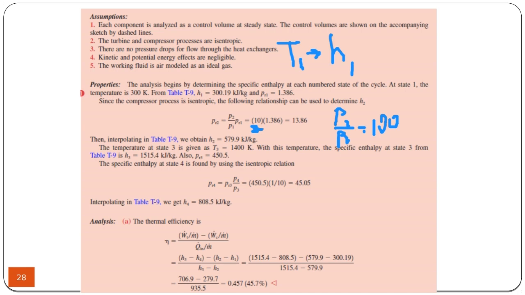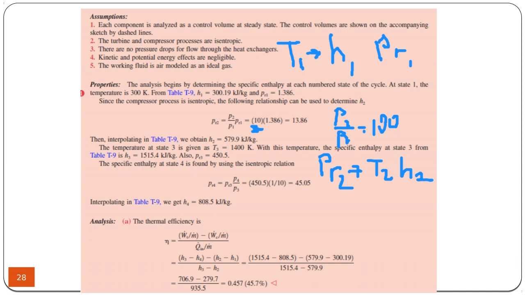So from PR1, we can calculate PR2. With PR2, we go to the table. We read T2 and H2. After we get T2 and H2, we can calculate PR3 during the expansion inside the turbine because it's an isentropic expansion.